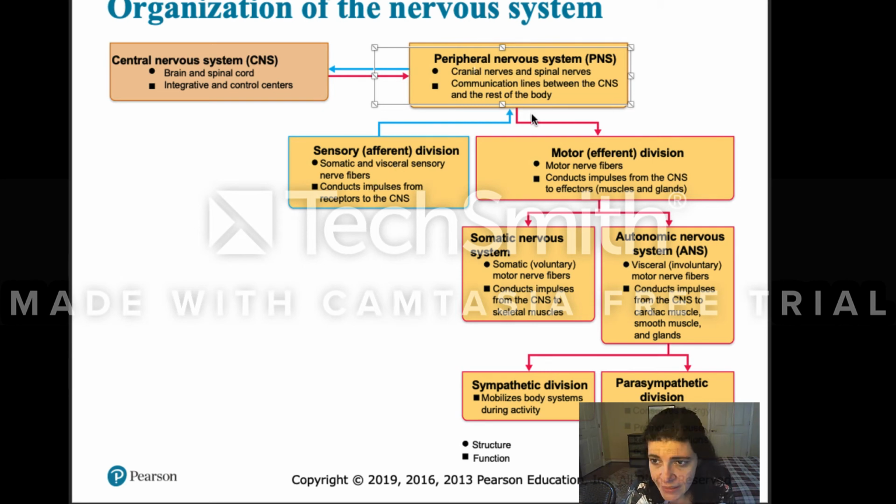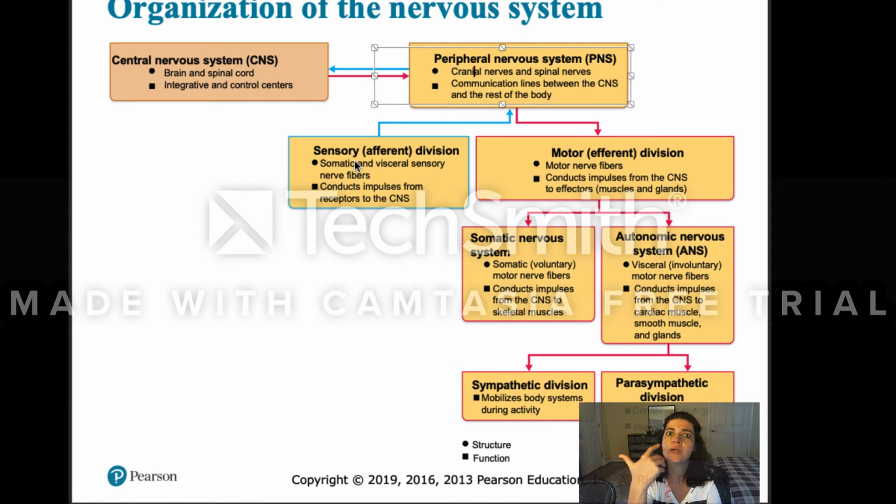And then we have the peripheral nervous system sending motor information through the motor division, which is efferent, going from the nervous system out. And then the sensory division is the afferent one, for, let's say, from your skin or from your eye to the nervous system.